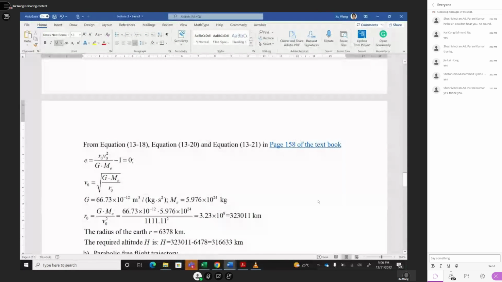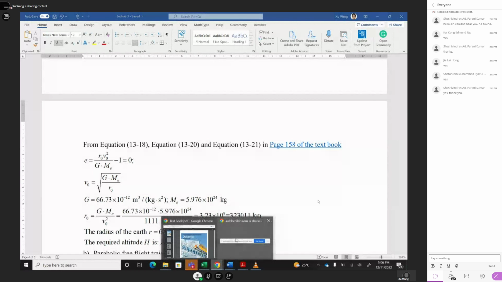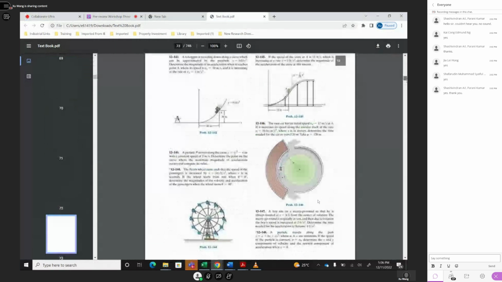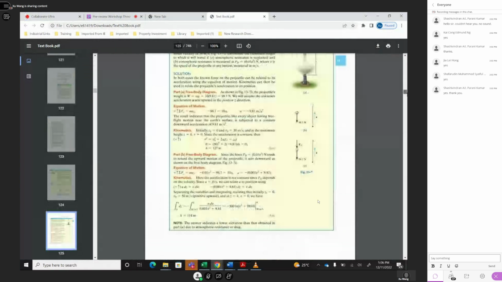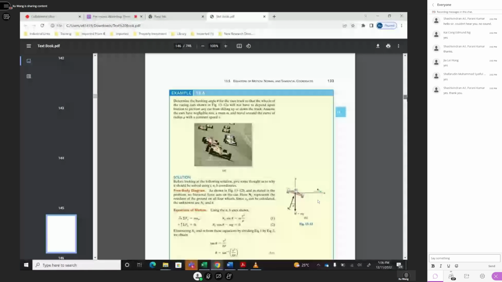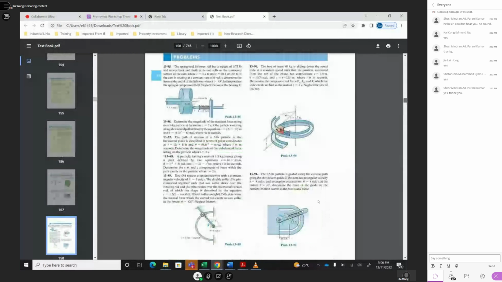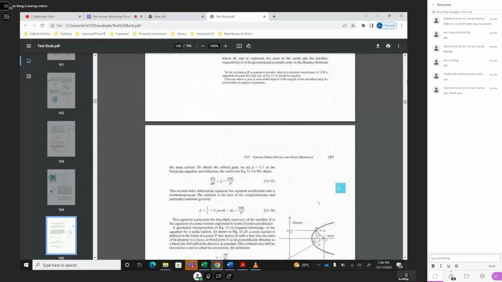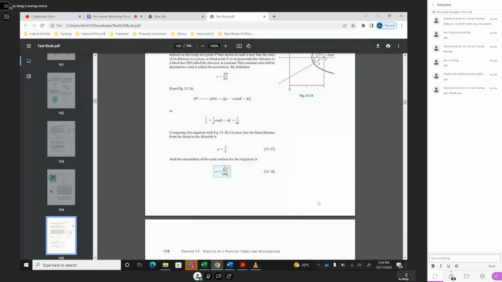Page 158. So you reach page 158. 57, 58, I think it is here. On page 158 you can find the definition of e.